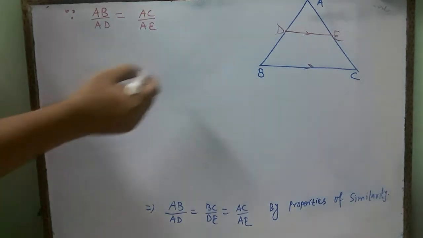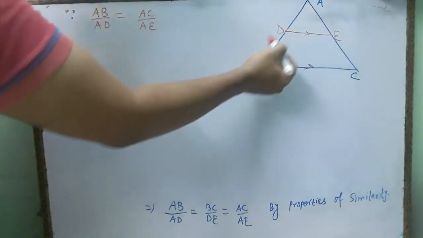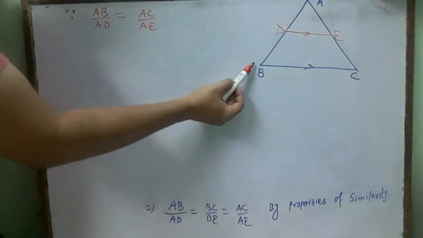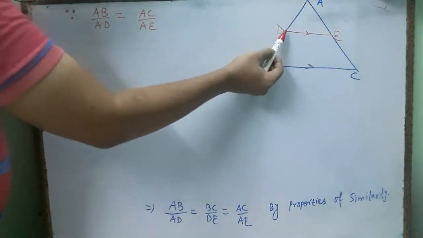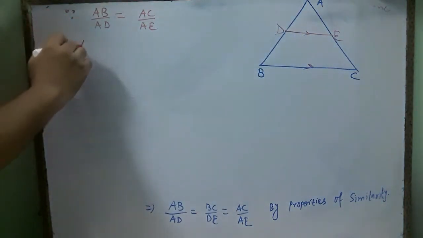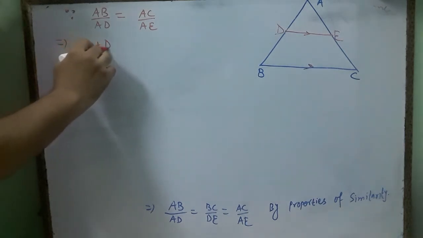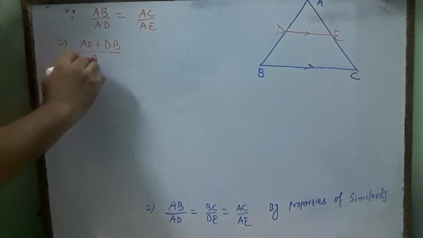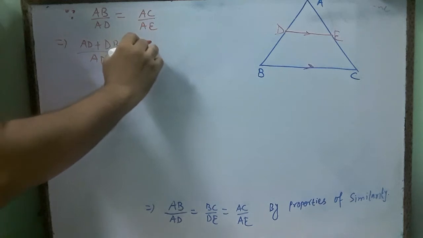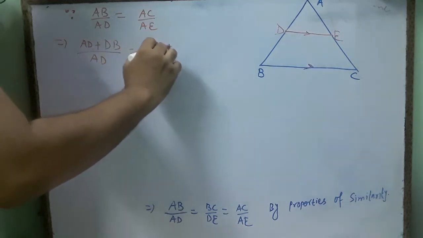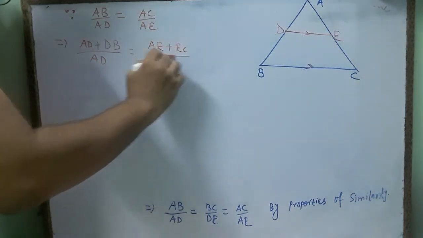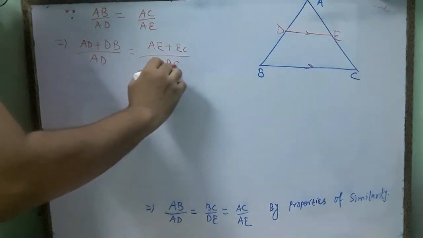As per the figure, I will break AB as AD plus DB. AB can be written as AD plus DB, so AB by AD is AD plus DB divided by AD, and AC can be written as AE plus EC divided by AE.